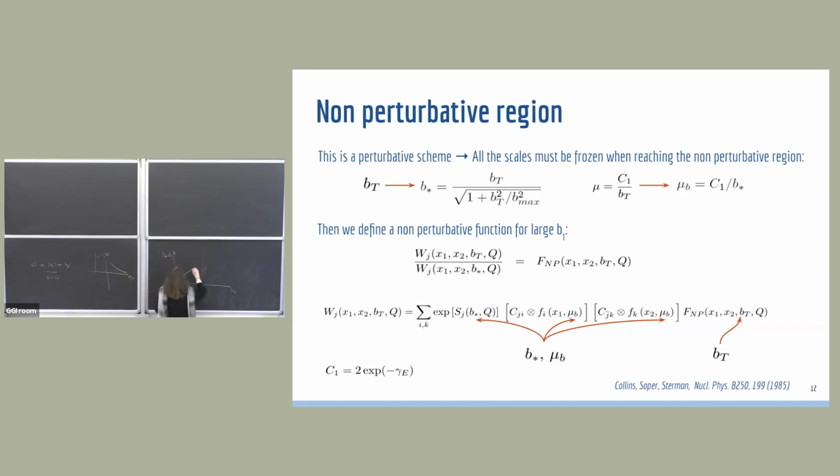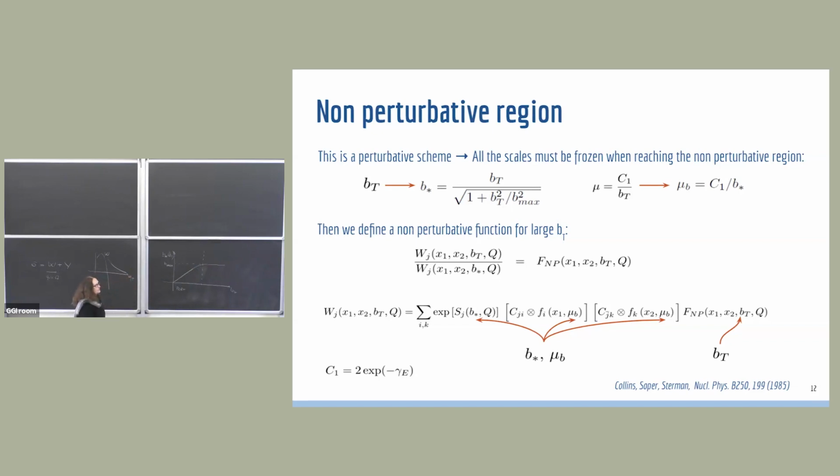So what you do is you take that particular expression in which bT is frozen, it's not allowed to grow anymore, to a value, this value here, which is b_max. And unfortunately, b_max is something that you have to guess. There's no way to compute it. So it's a little bit complicated. So you have now traded bT with b*, which guarantees that you never go into the non-perturbative region with your perturbative expansion. You stop.